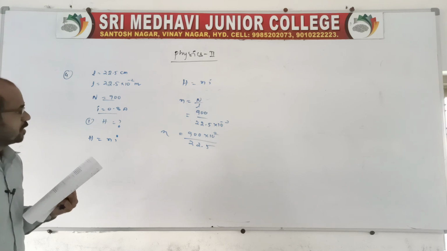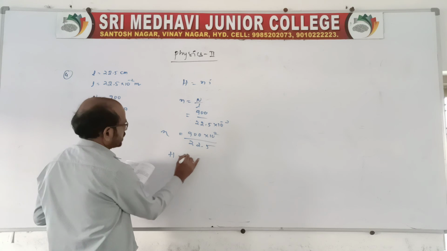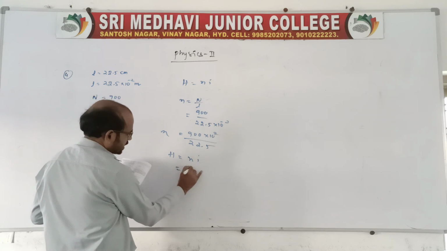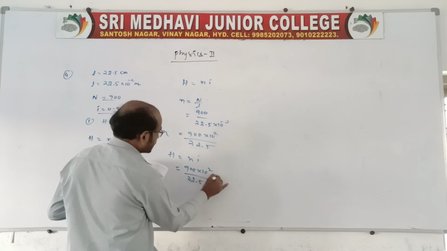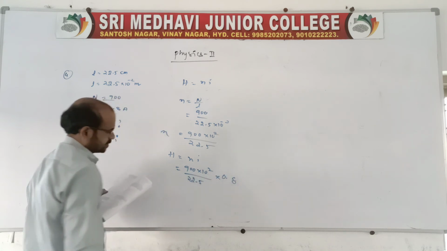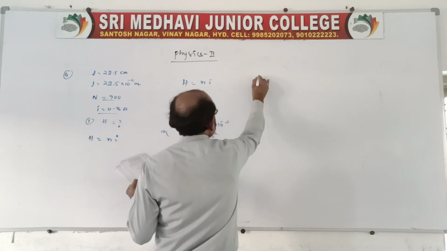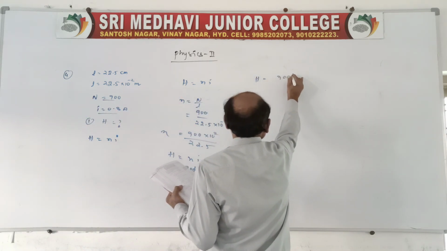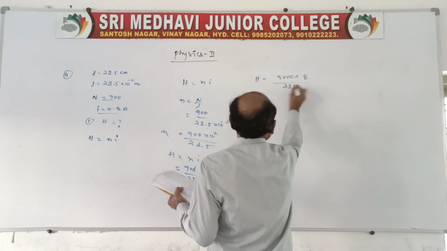And now it is asking H, no? Then directly H is equal to n I. So n is 900 into 10 power 2 by 22.5, into 0.8, the current. So better you cancel one. Therefore capital H is equal to 9000 into 8 by 22.5 by 10.